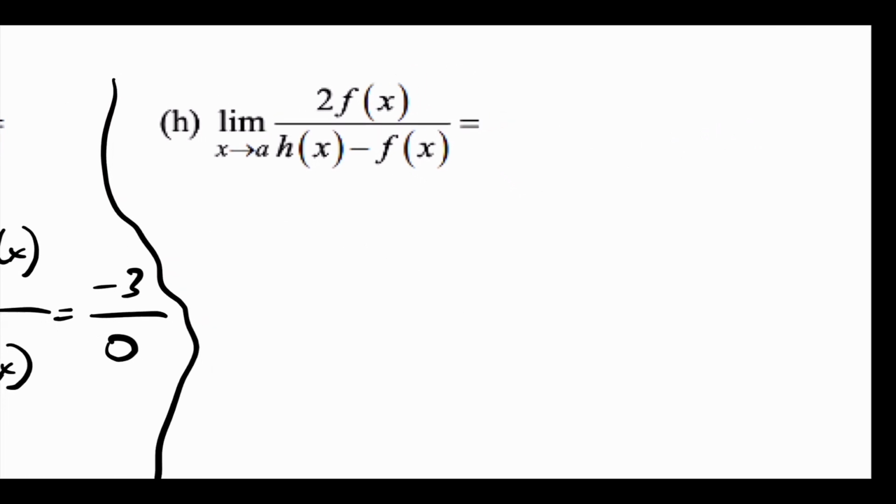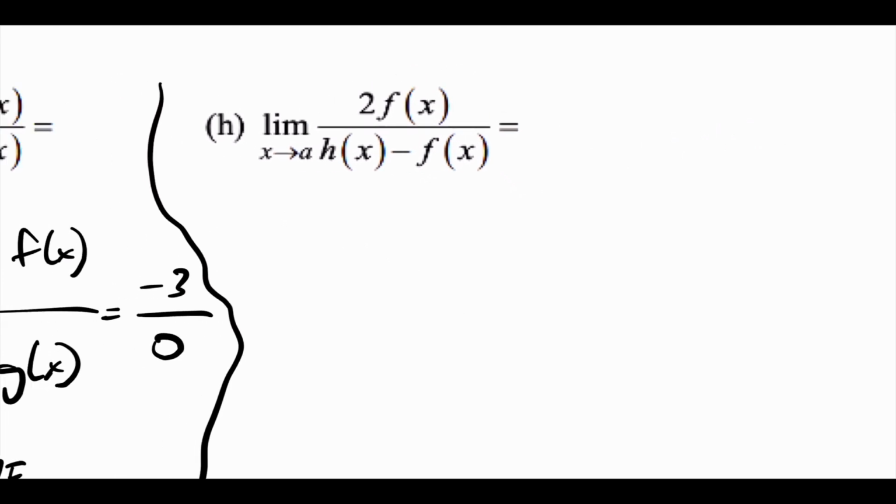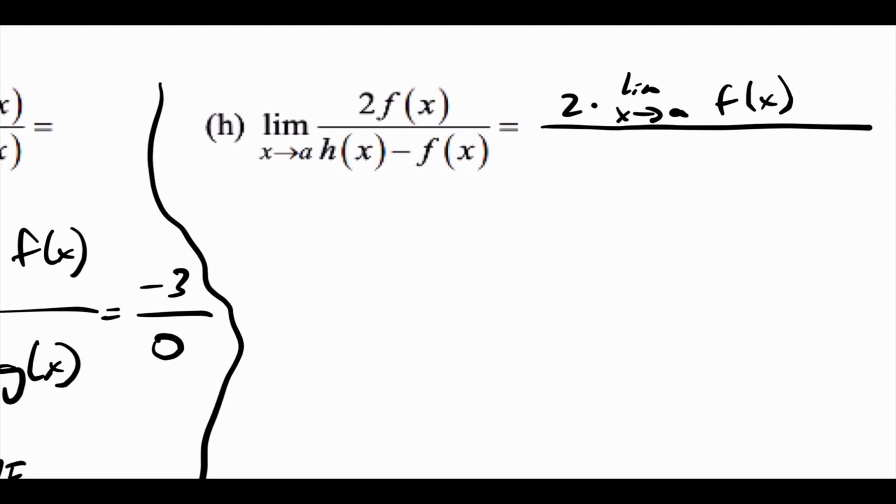So what the top is saying, whoops, let me do this again. It's just 2 times whatever my limit is. So whatever the limit is for f of x, I'm just going to double it. So the first thing I got to do is figure out the limit of f of x and multiply it times 2.